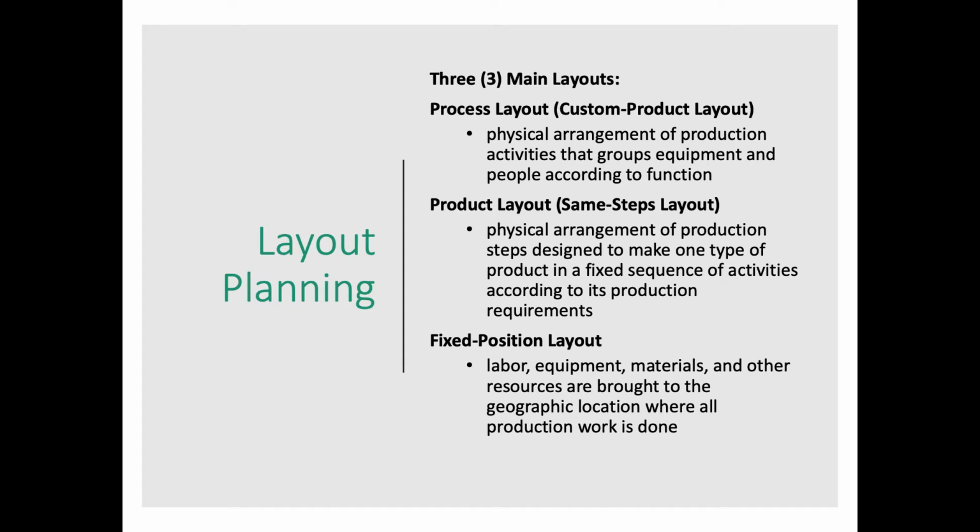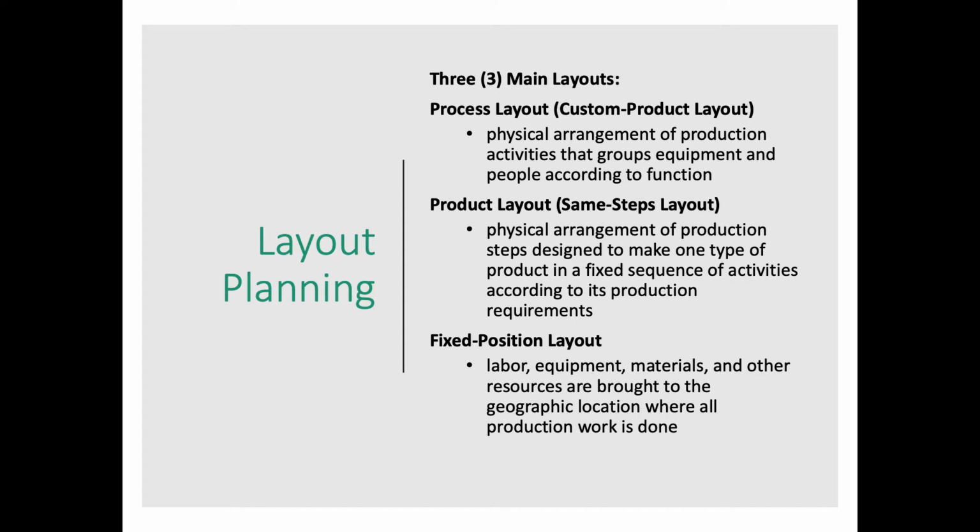That is distinguished between process layout and product layout. See, product layout, the second bullet point there, also known as a same steps layout. And that's a physical arrangement of production steps designed to make one type of product in a fixed sequence of activities according to production requirements.